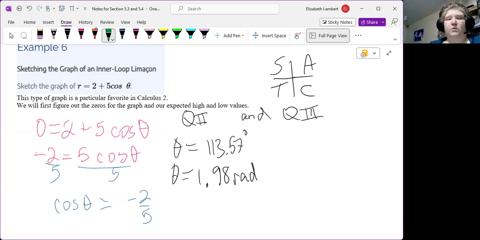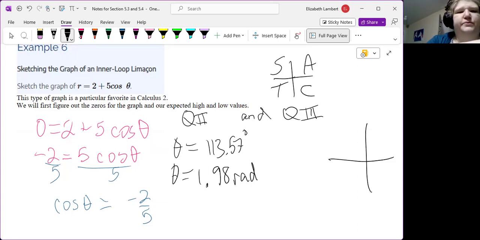All right, so 113 degrees is in quadrant 2. It's between 90 and 180. I need to figure out what's the quadrant 3 angle that matches this, and it gets a little weird. Here's our quadrant 2 angle.